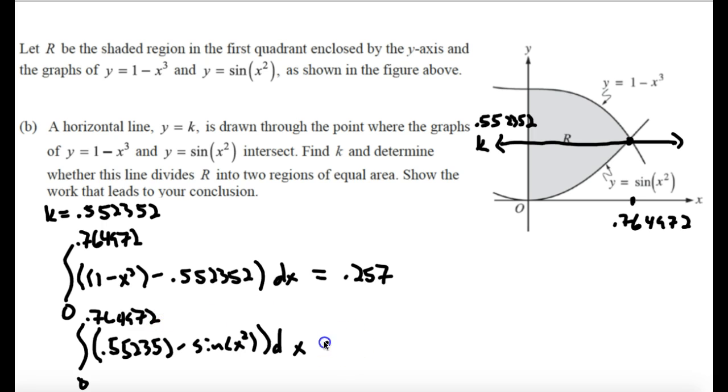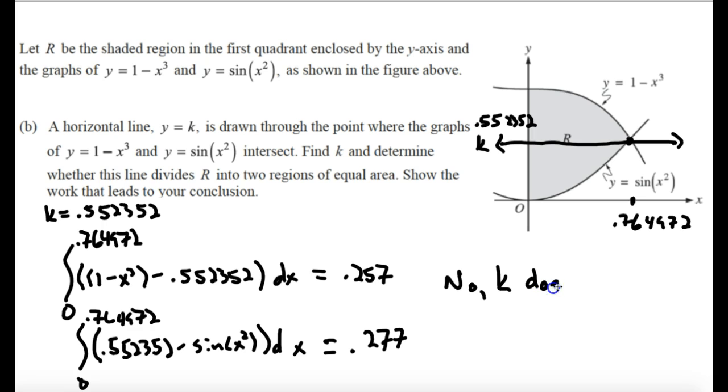So putting this into the calculator, we get about 0.277. So to actually answer the question, determine whether this line divides R into two regions of equal area, we would want to write this out, write our answer. No.